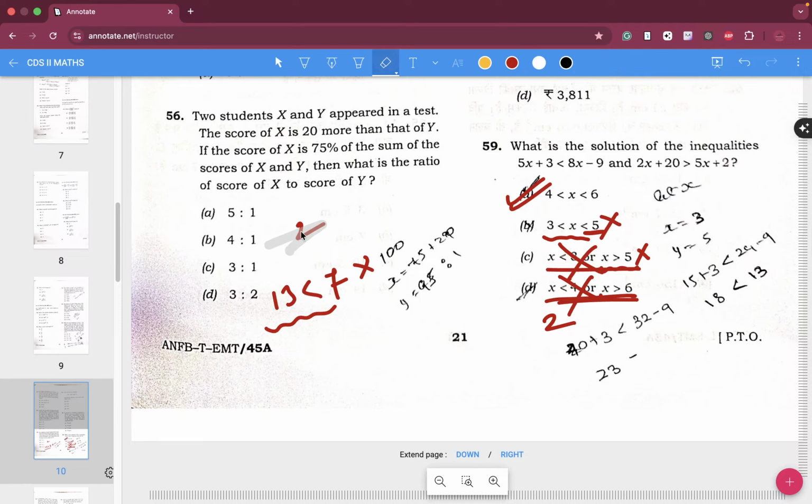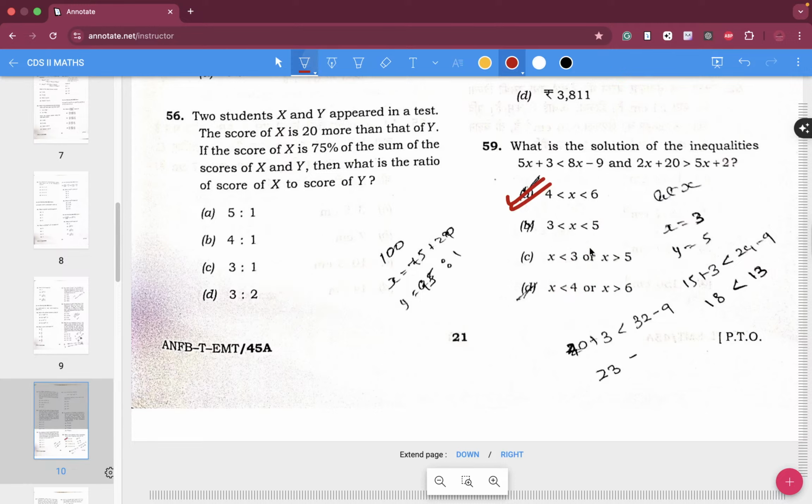Just for the sake of our own learning, we will also check what happens if we put 4, since between 3 and 5 you have 4 also. 5 into 4 is 20 plus 3 is 23, and 8 into 4 is 32. 32 minus 9 is 23. 23 has to be less than 23?